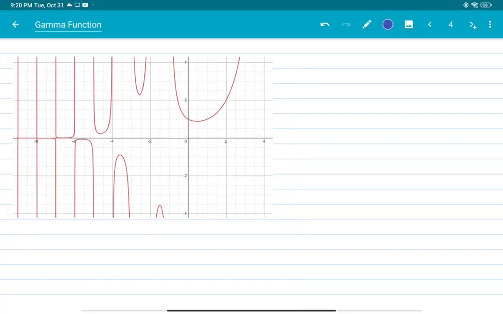You see, this is the graph of the gamma function. Basically, Euler found a continuous function of a real variable x which reduces to x factorial when x is a positive integer.